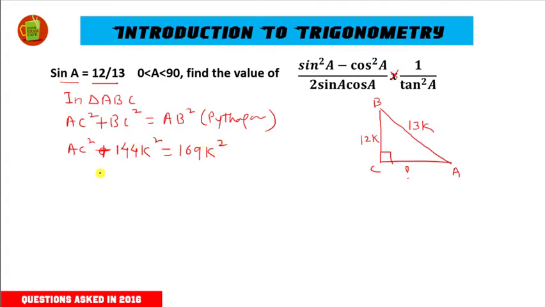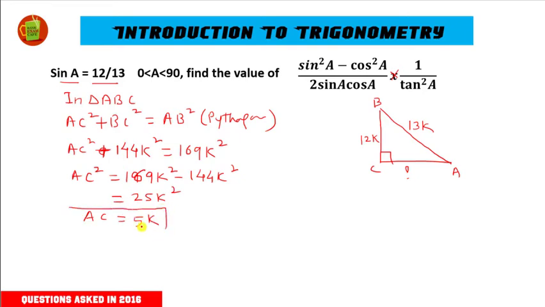Take 144k square to the other side, so AC square is equal to 169k square minus 144k square, and so that will be 25k square. And therefore AC, taking square root of both the sides, you will get 5k. So here you have got AC as 5k.